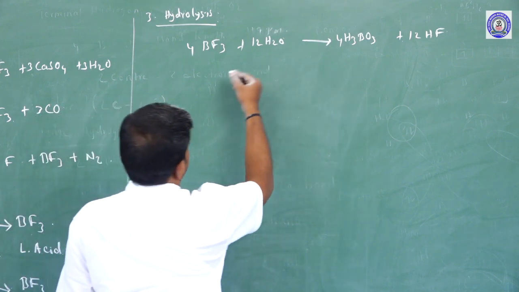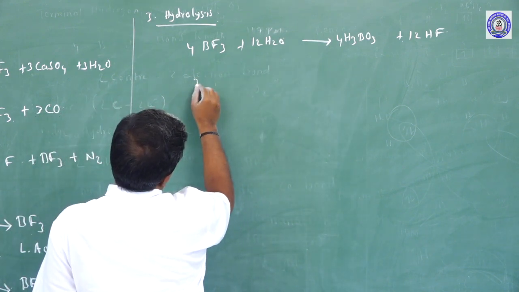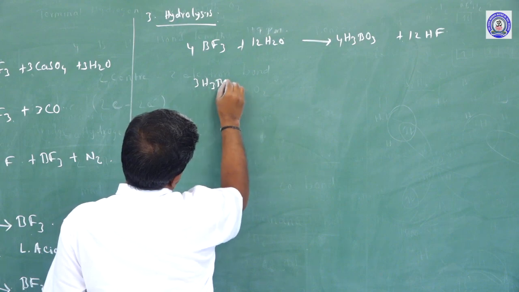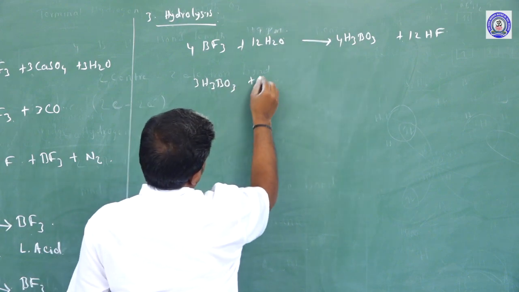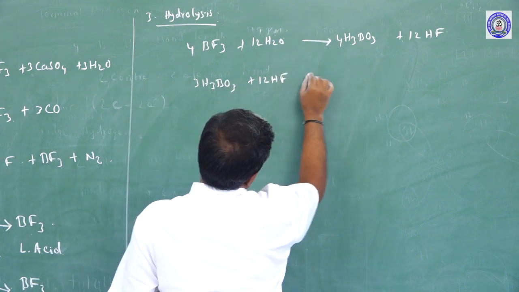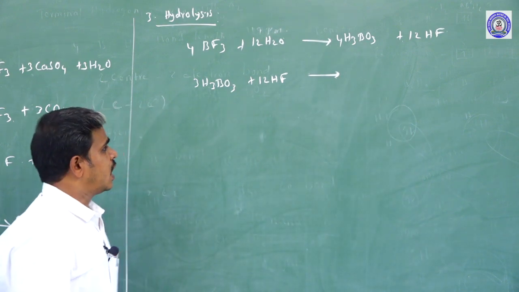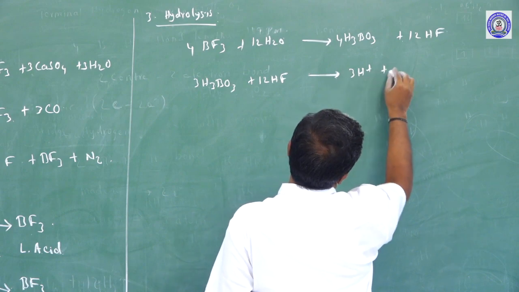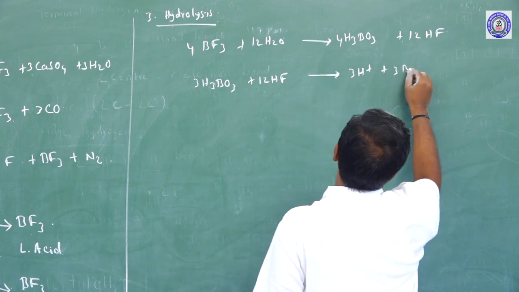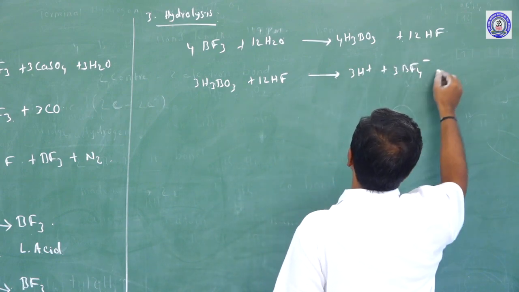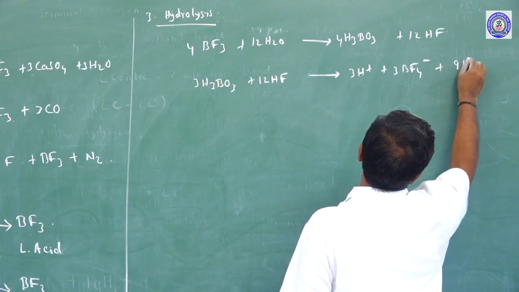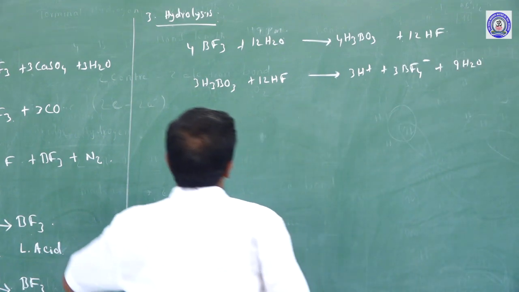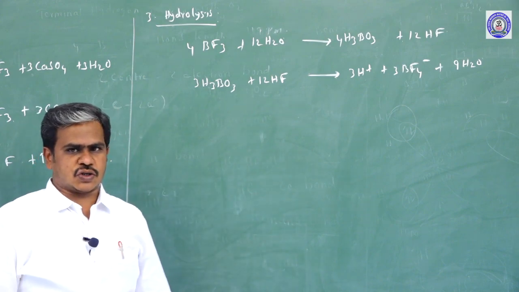Now again, we take 3 molecules of H3BO3, boric acid, and 12 molecules of HF, and form 3 H+ and 3 BF4- and 9 water molecules. So this is the hydrolysis product.